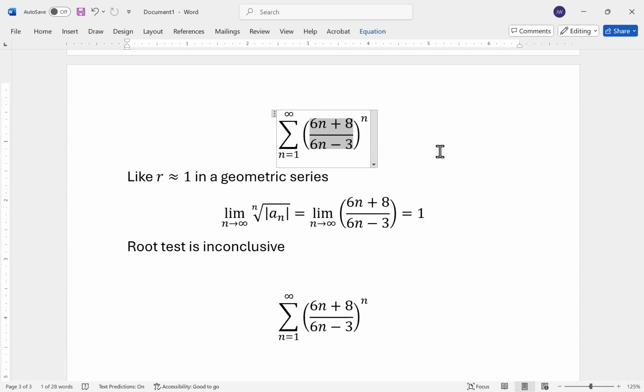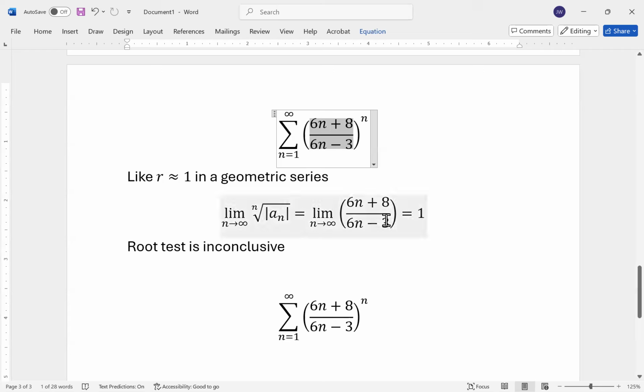The root test says that it's kind of like having an r that's really, really close to 1 in a geometric series. And if we're just slightly above 1, then it diverges. If it's slightly below 1, then it converges. This is saying it's really close to 1, but it doesn't tell me whether it's above it or below it.